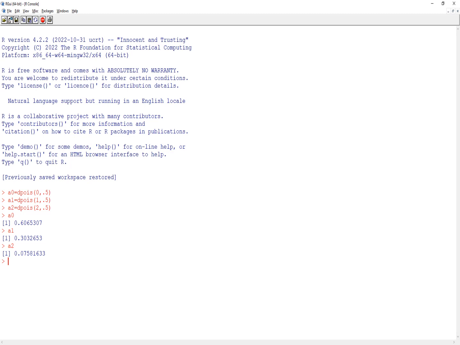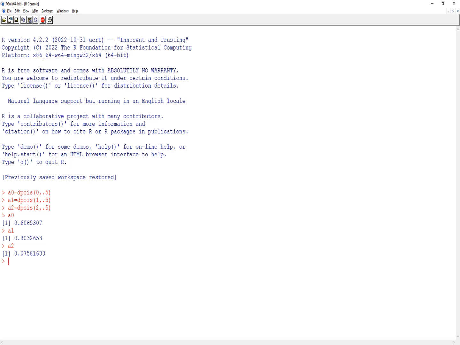A0 is 60.6%. So if lambda is 0.5, there's a 60.6%, more than half a probability that a person will have 0 claims, 0 accidents. There's a 30% chance they'll have one accident, and there's a 7.6% chance they'll have two accidents.